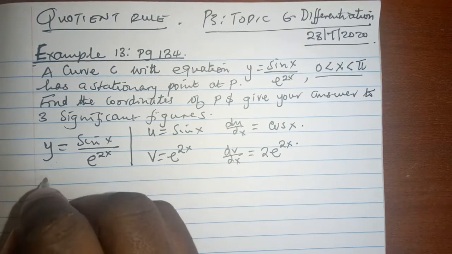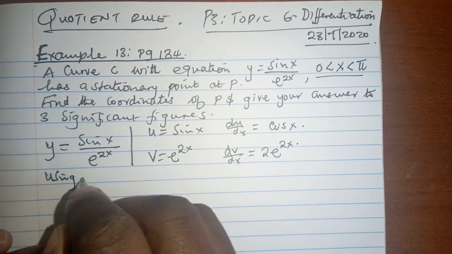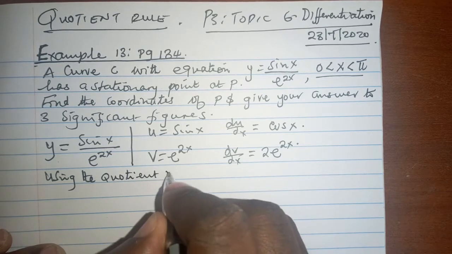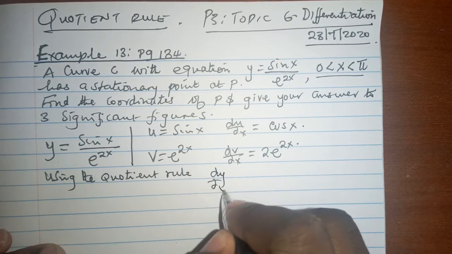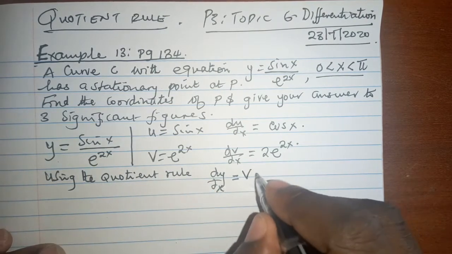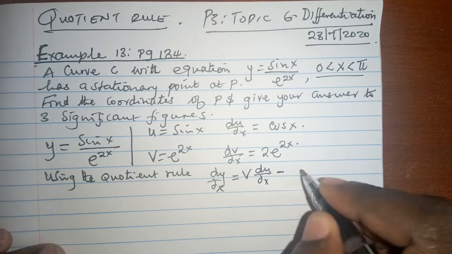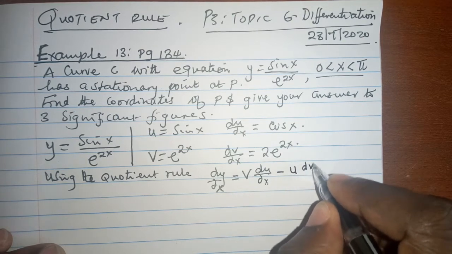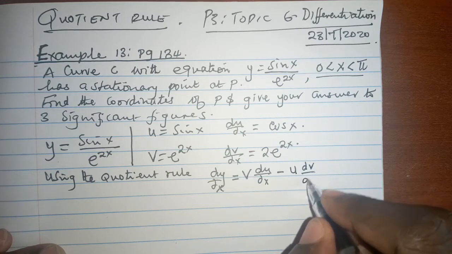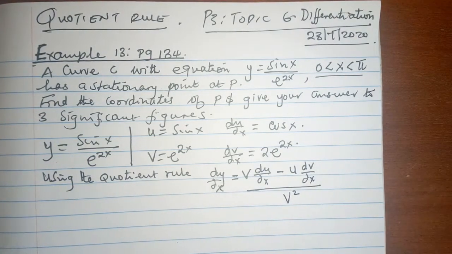But what is the quotient rule? Using the quotient rule, dy dx becomes the denominator v multiplied by the derivative of the numerator du dx, minus the numerator u multiplied by the derivative of the denominator dv dx, everything over the square of the denominator.